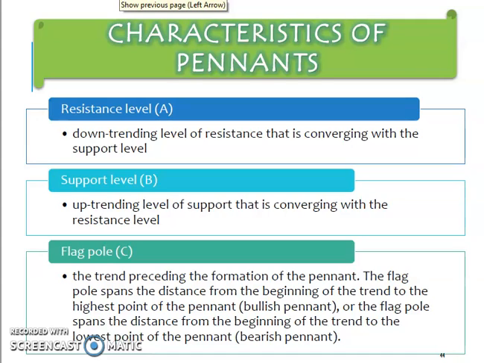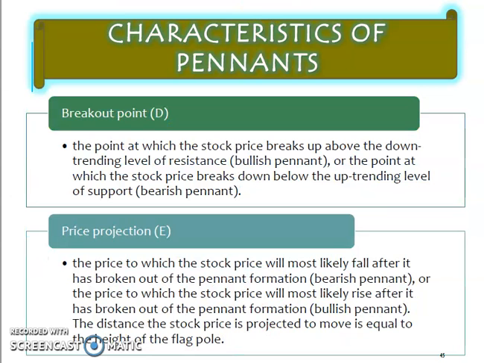Then the flagpole. The flagpole is the trend preceding the formation of the pennant. Normally we measure the distance from the beginning of the trend to the highest point before the pennant appears. So next is the breakout point.